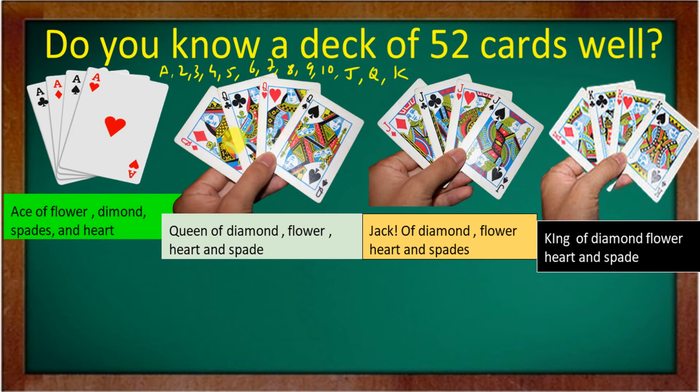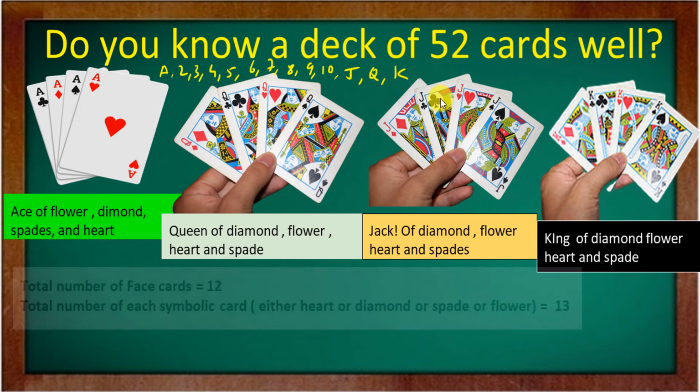So if there is no joker, how many face cards will we have? Look at the jack: we will have 4 jacks, right? So we will have 4. Queen, we will have 4 cards, and king, we will have 4. Ace doesn't have a face, right? So basically in a deck of 52 cards, how many face cards will we have? 1, 2, 3, 4, 5, 6, 7, 8, 9, 10, 11, 12. So we will have 12 face cards in a deck of 52 cards, right?